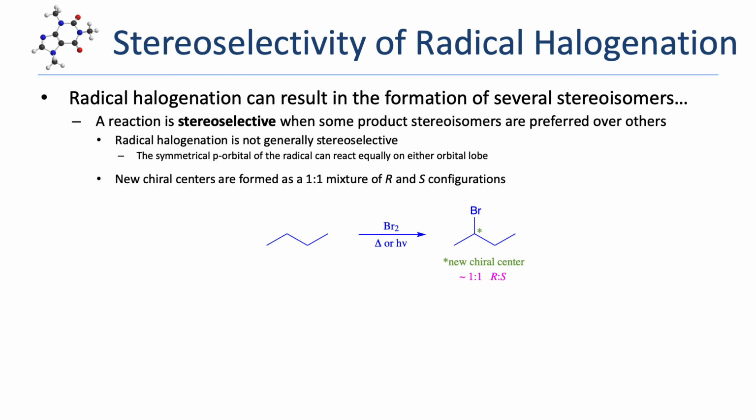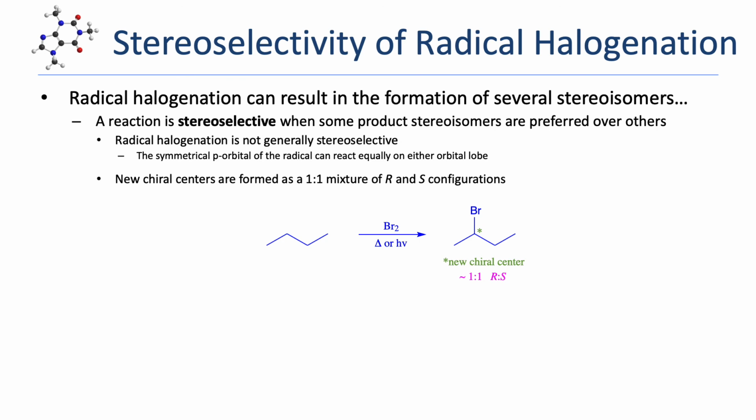If the starting reactant is not chiral, as is the case with butane, then any new chiral center that's formed will be formed in a 1-to-1 mixture of R and S configurations. So in this case, we would actually get a racemic mixture of R and S 2-bromobutane.